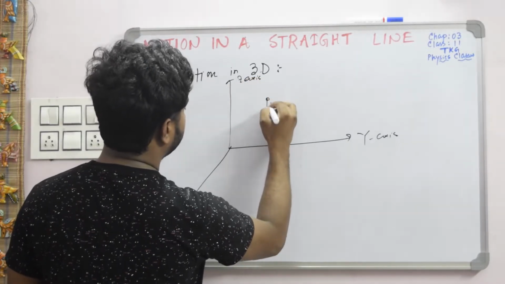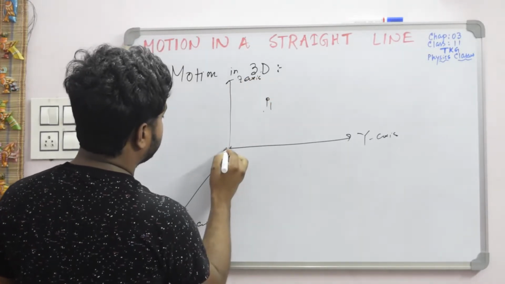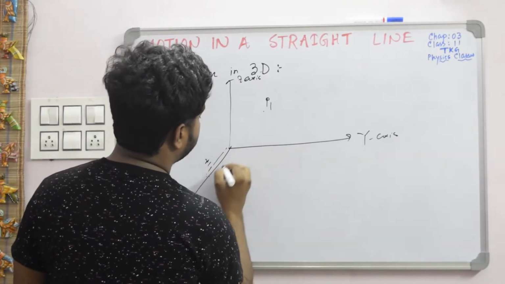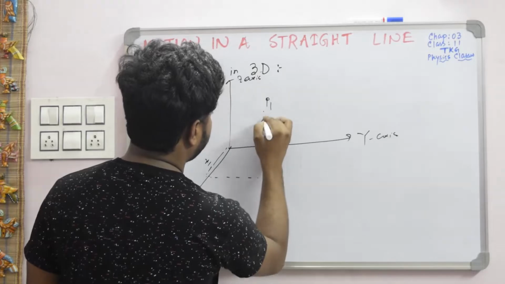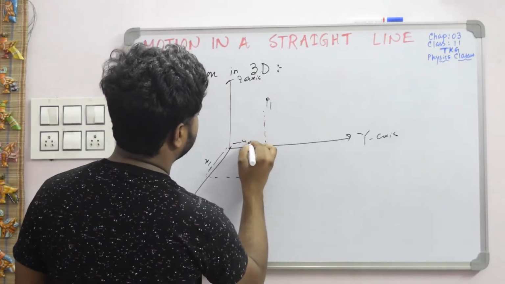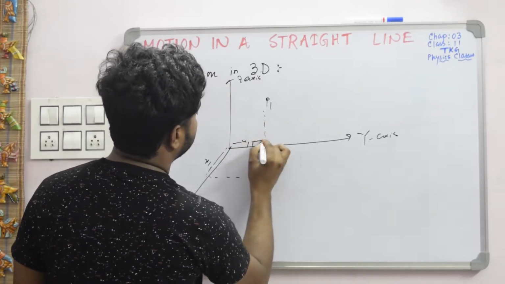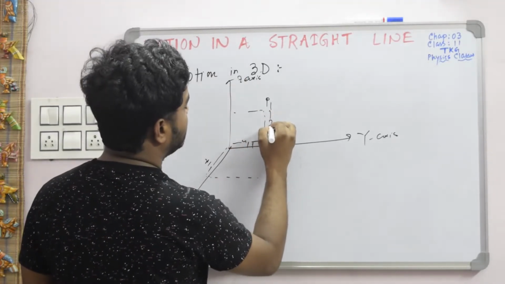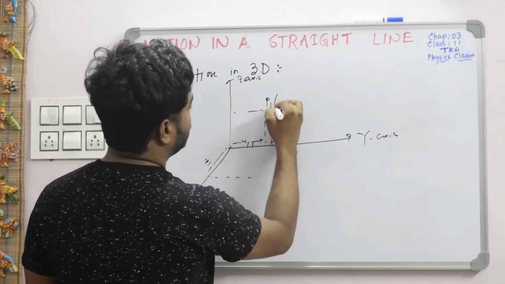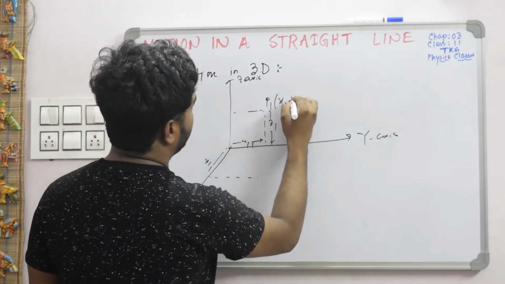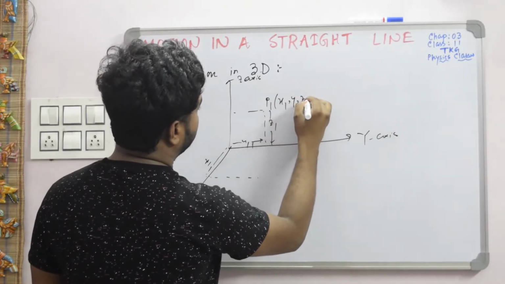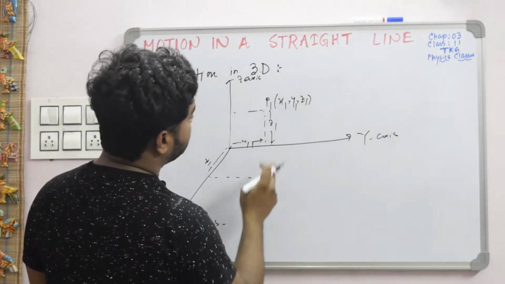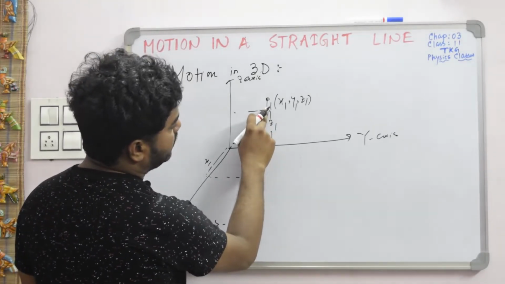At a point p1, we have to say x1, this portion, y1, and the upper portion, this point z1. So x1, y1, z1, three coordinates are required for specifying the position of that body at point p1.